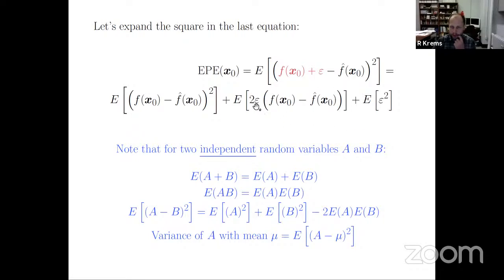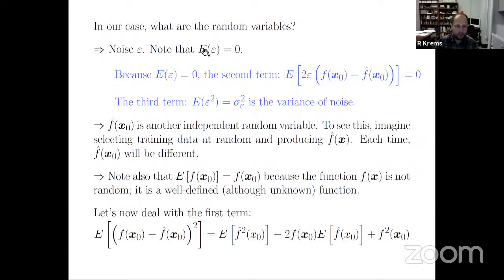But the expected value of noise is 0, because we assume that noise is centered on the true function. So this term is going to be 0, and then we just have to deal with this other term.